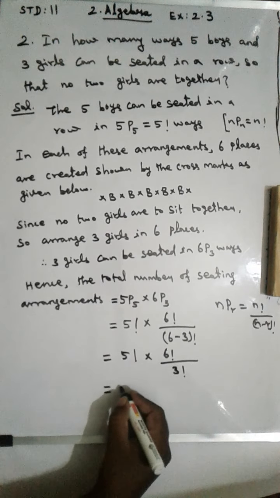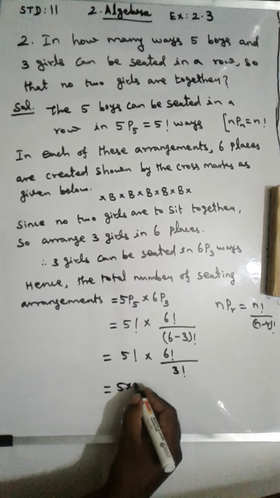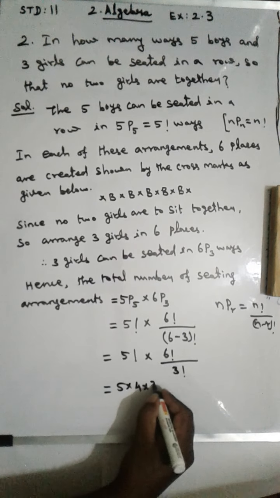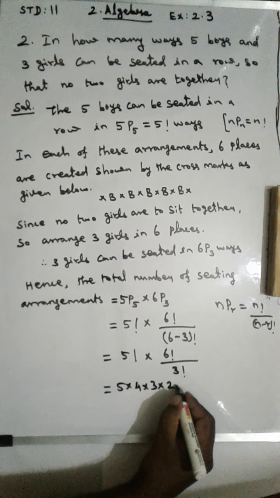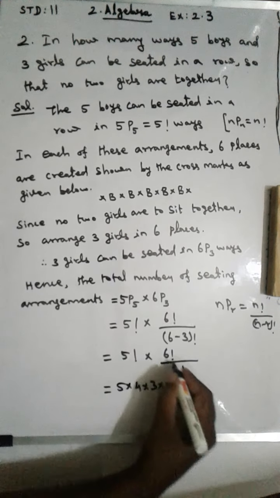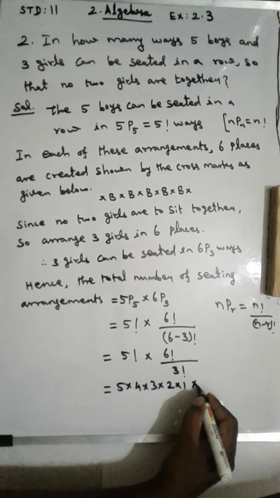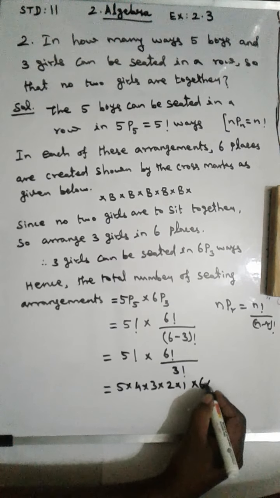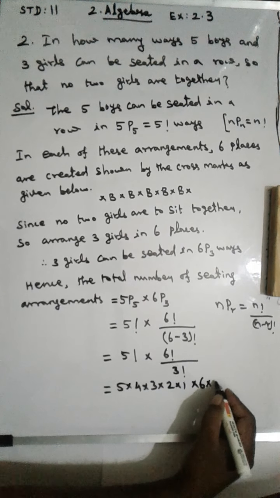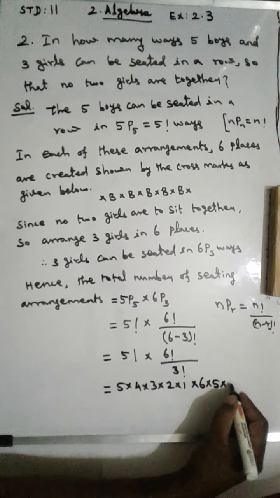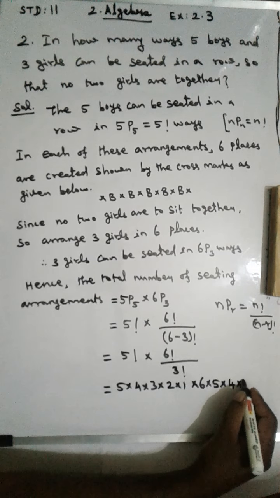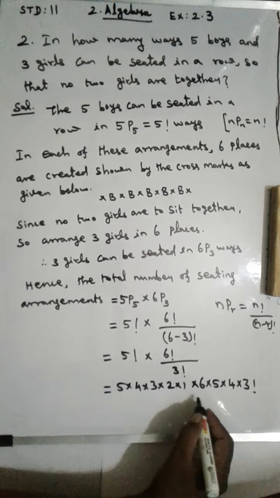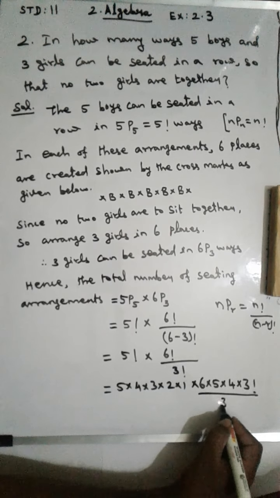We write 5 factorial as 5 into 4 into 3 into 2 into 1, and 6 factorial as 6 into 5 into 4 into 3 factorial, divided by 3 factorial.